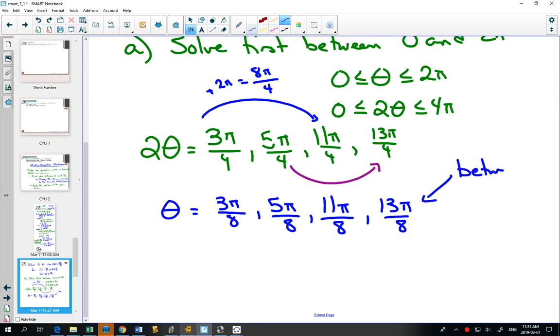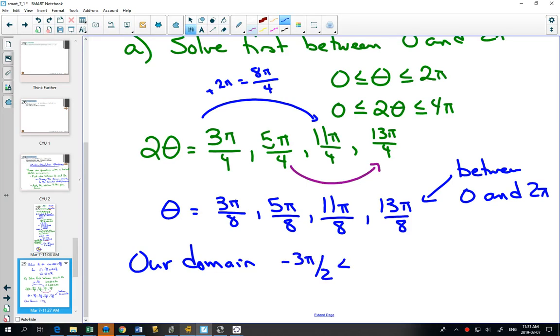This was between 0 and 2 pi. Our domain was supposed to be between negative 3 pi over 2 and pi over 2.